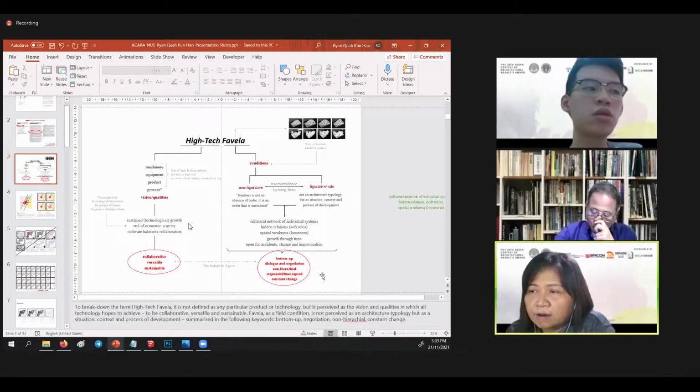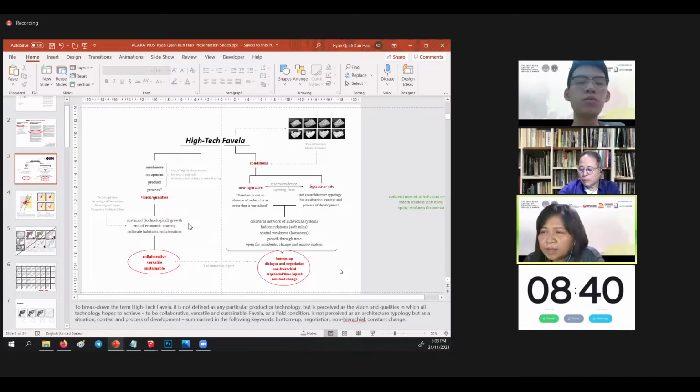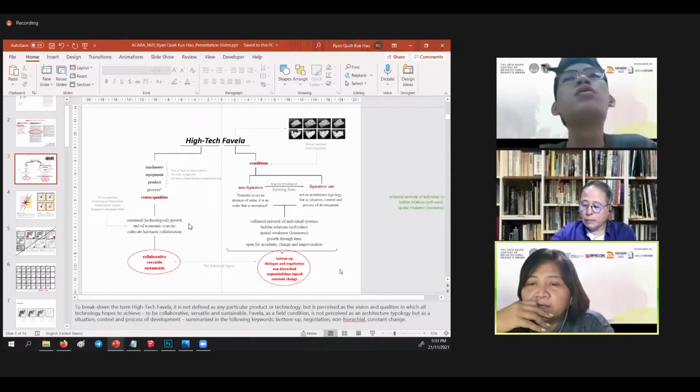Is it related to the context of the city, the site that you chose, or does the community there already have a contestation?